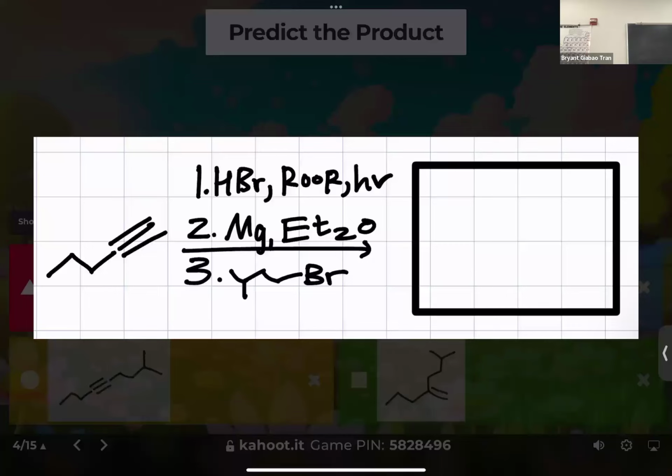Let's bring in the third step. What is the partial charge of this carbon here attached to the bromine? Yeah, partial positive. Nucleophile, electrophile. Nucleophile attacks the electrophile, kicks out the leaving group, SN2 reaction. And the MgBr just floats away.